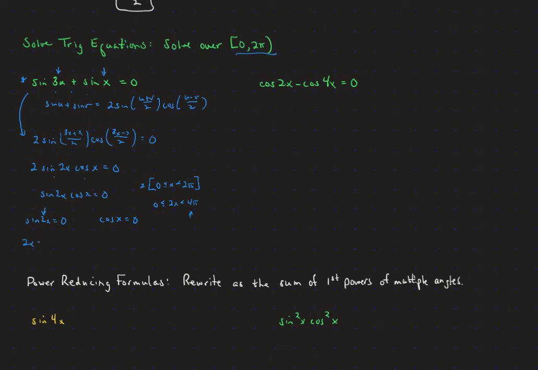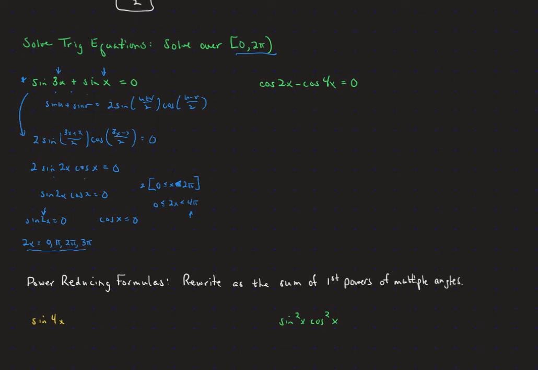So we're going to say, what are the angles that make sine equal to 0 between 0 and 4 pi? Well, sine is 0 at multiples of pi. So that's going to be 0, pi, 2 pi, 3 pi, and then we have a strict inequality, so we're not going to include 4 pi.